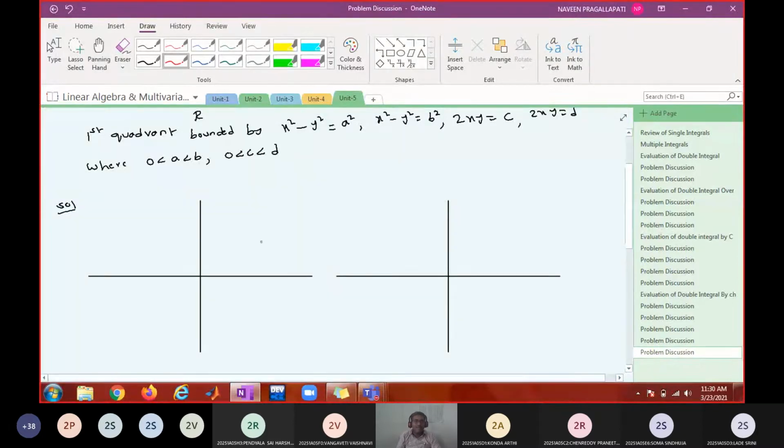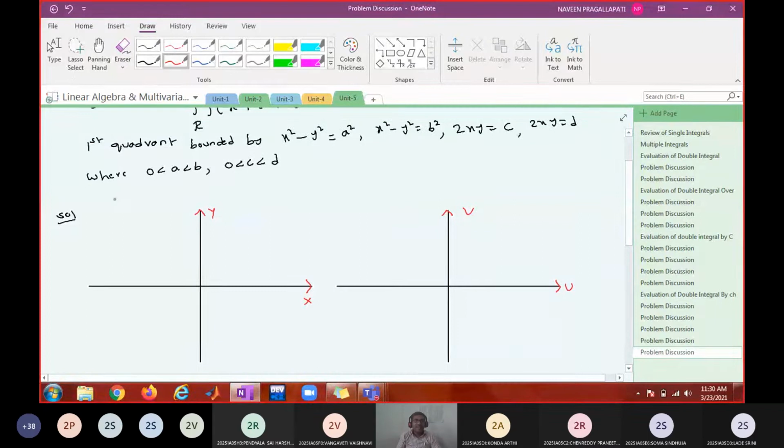So this is the x-axis, y-axis, and this is the u-axis, this is the v-axis. Initially, your curves are hyperbolas. So what we have is 0 less than a less than b. Something like this.